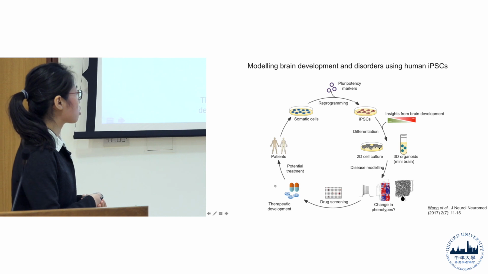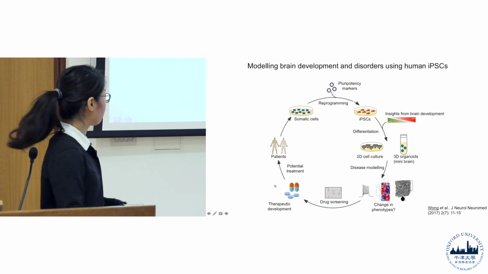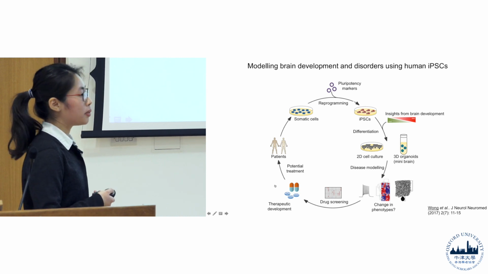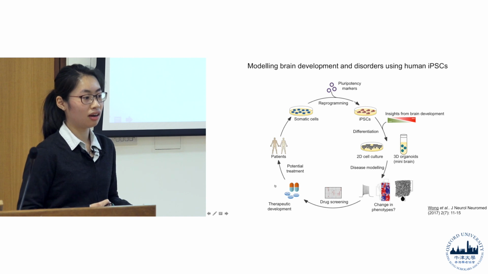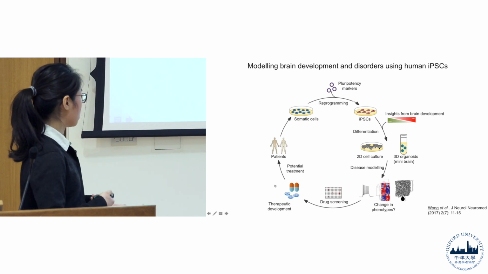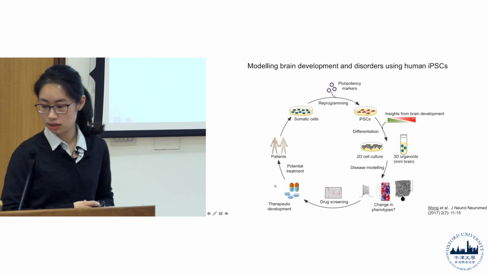Then we look at what went wrong at the cellular level and also the molecular level. Because these can all be done in a very systematic setting, we can use them to screen drugs and develop treatment to treat patients.